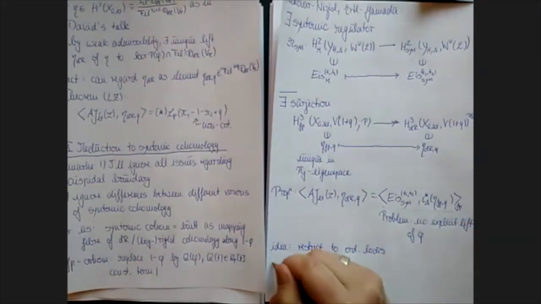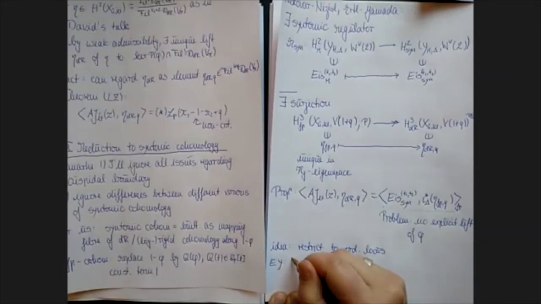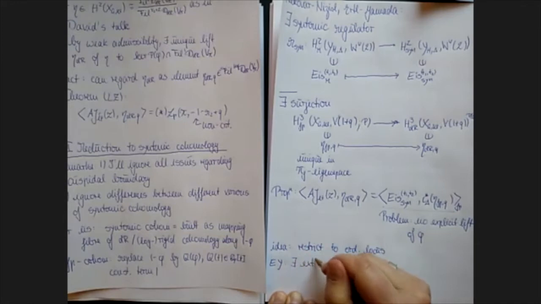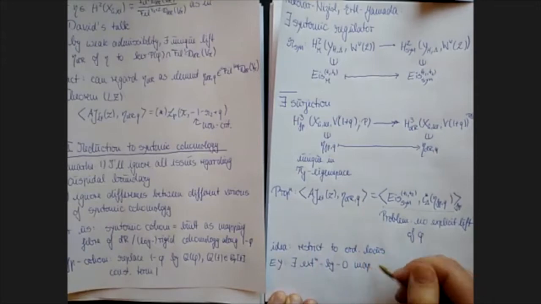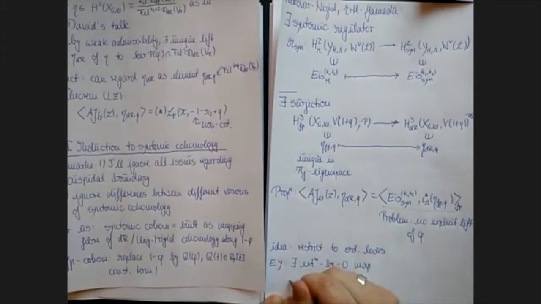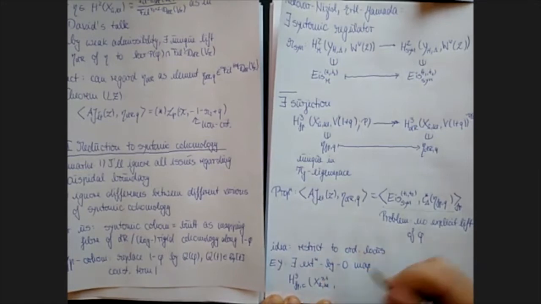So we use for this the following result of Ertel and Yamada. Namely that there exists an extension by zero map from the H3 FP with compact support of xg Klingen greater or equal to 1 with coefficients in our sheaf, to the H3 of xg Klingen.